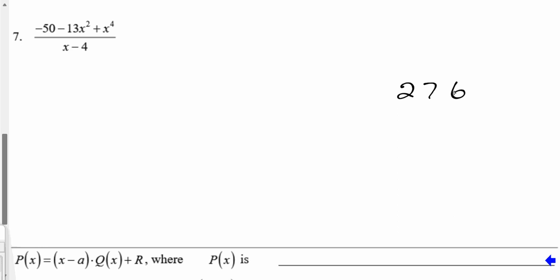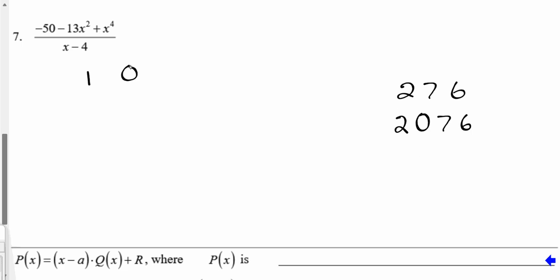Why do I need a 0? Because why? Yes, I need a place value. So I have 2,000, 0 hundreds, and then 7 tens and 6 ones. So we're going to do the same thing with our numerator. We'll say I have 1x to the 4th. How many x cubed?